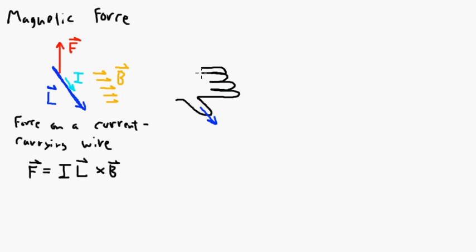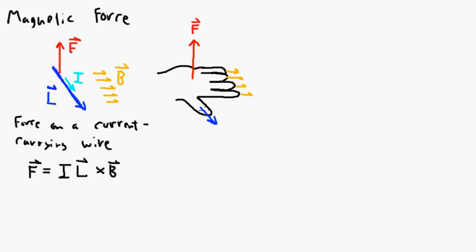And these are, of course, horribly deformed fingers, but that's the best I can do. And there's the rest of your hand, kind of. Now your fingers are pointing in the direction of the magnetic field. And here's the cool part. If this is your right hand, this side here is your palm, which means the direction you can push with the palm of your right hand is the direction the force goes.